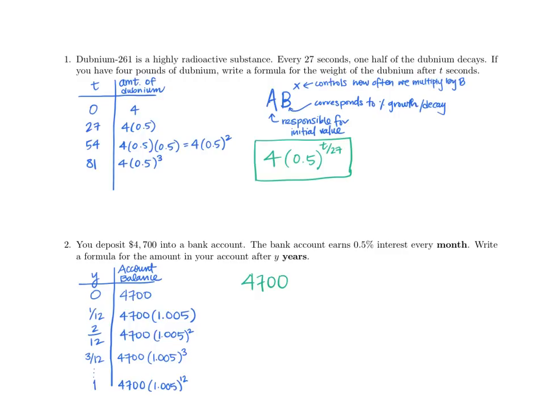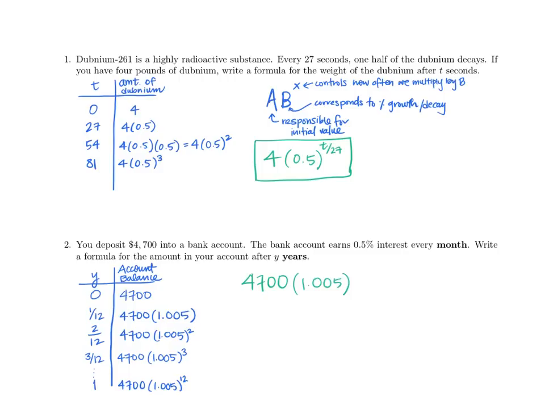For us, this is growth, right? Interest increases the amount of money in your bank account. For us, the requisite multiplier that would simulate a growth of 0.5% is 1.005. So we want to multiply by 1.005. And now the question becomes, what do we do with the exponent?